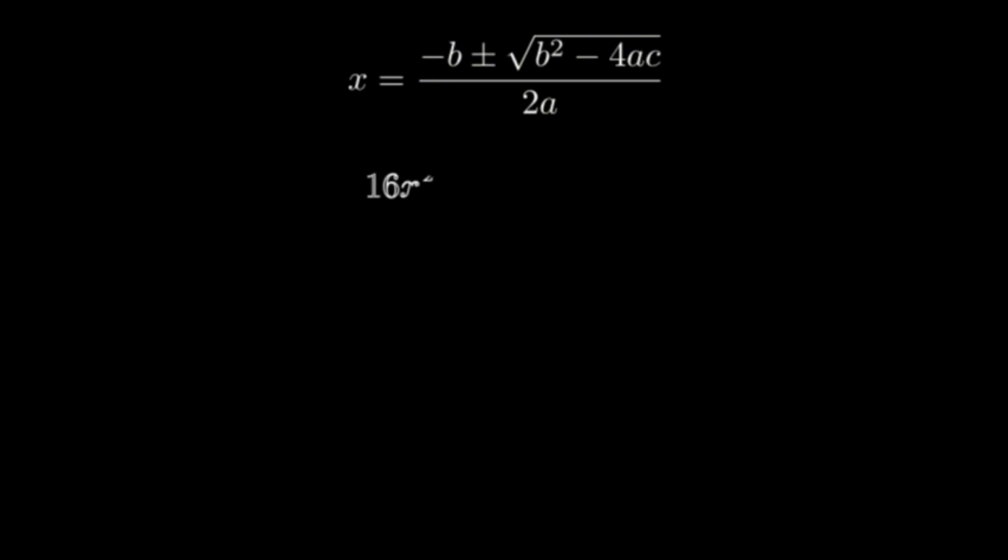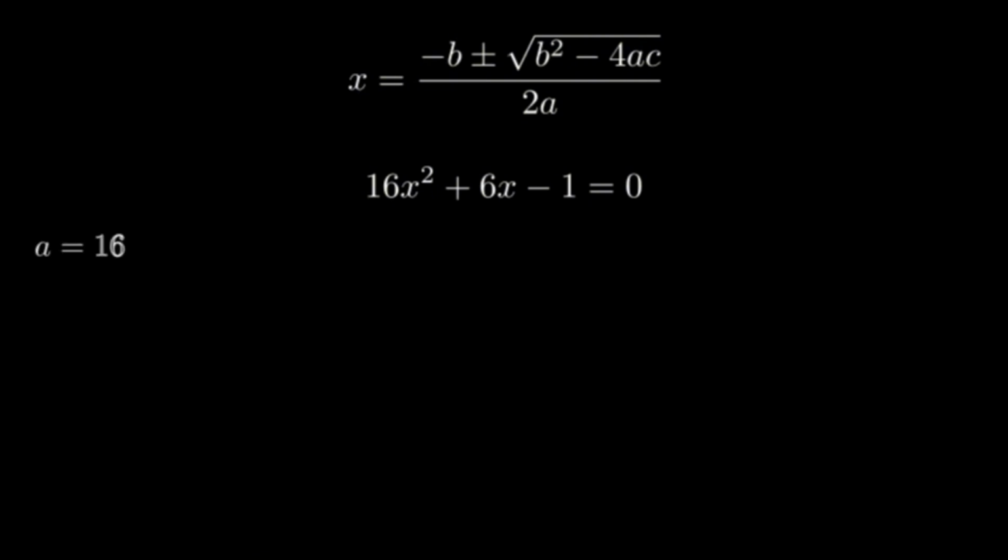The quadratic formula is one of the most powerful tools in algebra for solving quadratic equations. It works for any quadratic equation, whether or not it can be factored easily. Let's apply the formula to solve this quadratic equation: 16x^2 + 6x - 1 = 0.